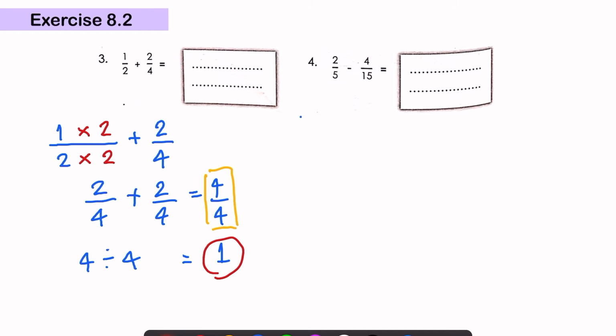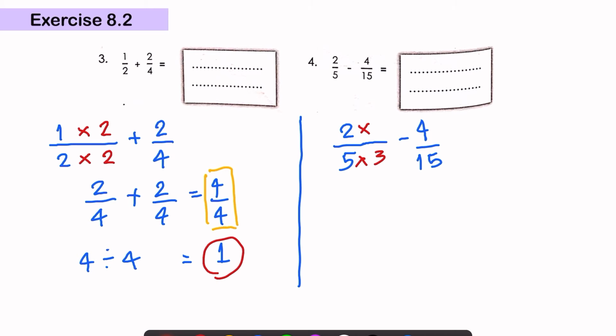And number 4, we have 2 over 5 and 4 over 15. Okay, so when you look at the denominators, you need to check them and you can see they're not equal. So you need to make them equal by multiplying. Okay, I have to multiply 5 by 3 to get 15.